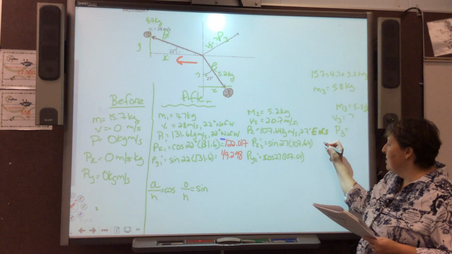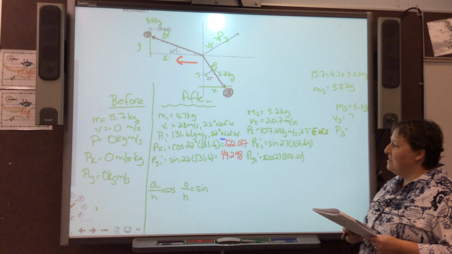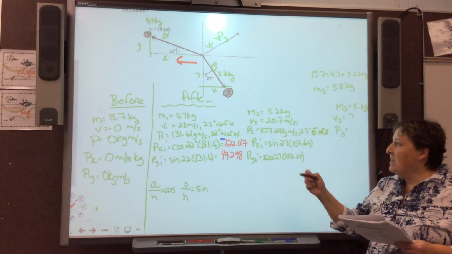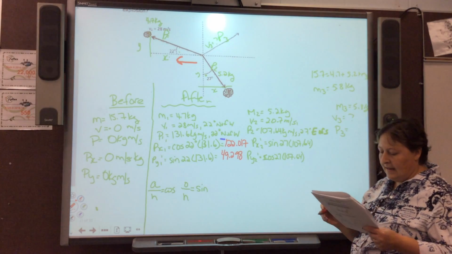X2 is 95. Oh, did I do it wrong? Sine, right? Because here's x, opposite. Oh, yeah, I did it wrong. So it's 48 point.